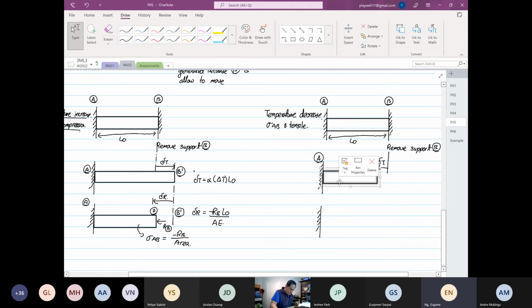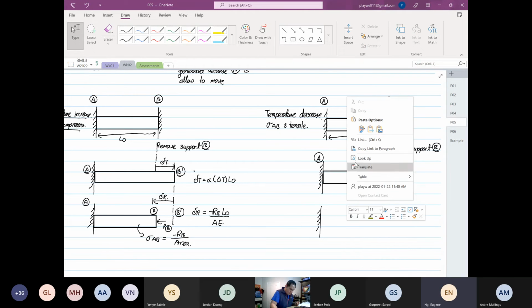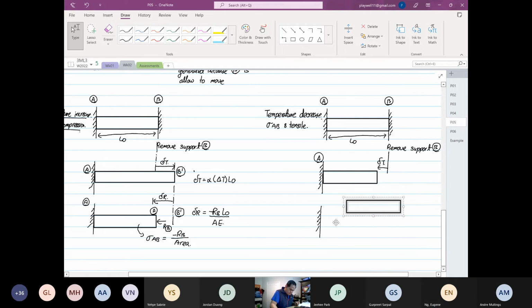I'll copy this one. So we have to pull it back to its original position. And this is, I'll call it RB again.